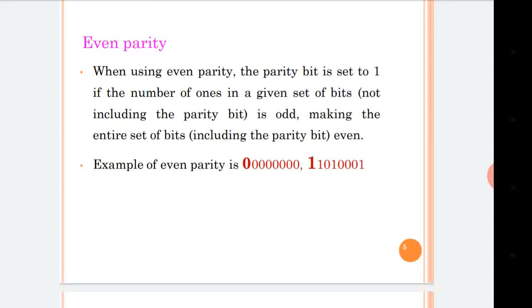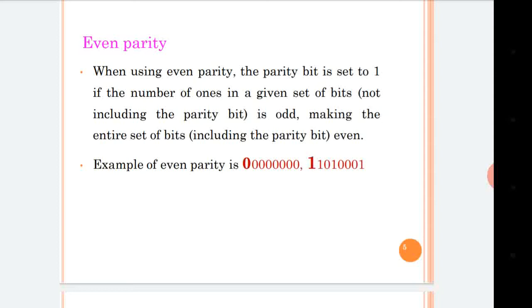Let us talk about some examples. First number is all zeros. The given word was all zeros, and the highlighted word, or we can say the bold 0, is the parity bit which we have to add. So, we have to make the given number an even parity number. What does it mean? After adding the parity bit, total number of ones should be even.